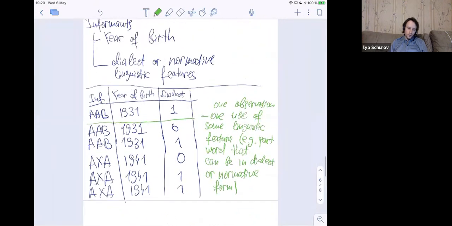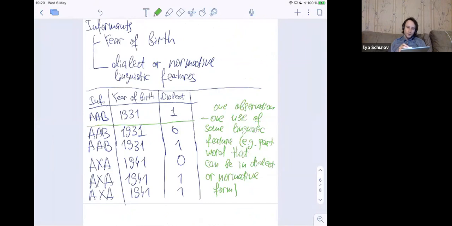And one of our questions was how fast these dialect forms disappear from the language. It is natural to assume that people who are older tend to use these dialect forms more than people who are younger.